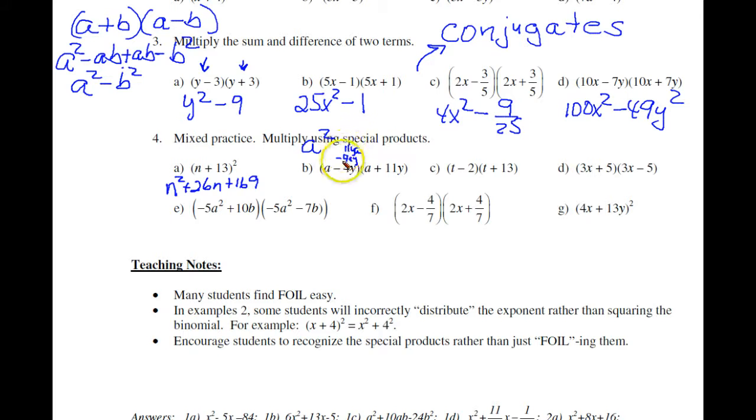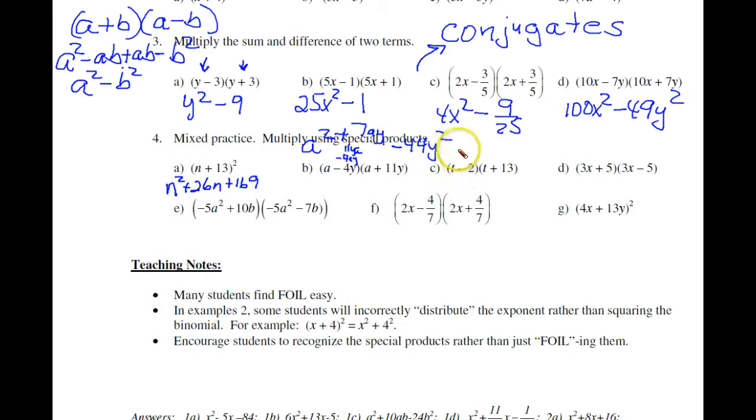So that's going to give me a middle term as I do this mentally of a positive 7ay for my middle when I do it mentally. Again, you may not be able to at this stage. And then finally your last, negative 4y times 11 will be a negative 44y squared. And we don't see them down there, but hopefully that's correct.